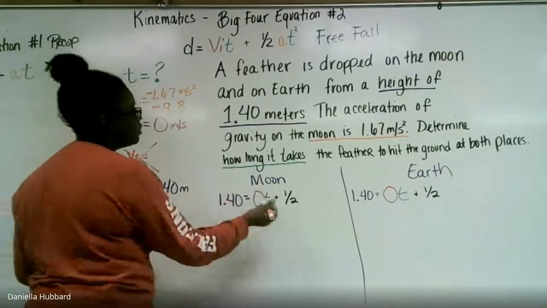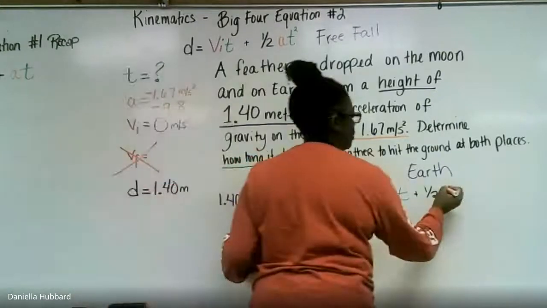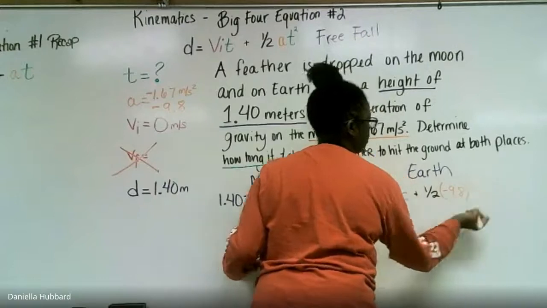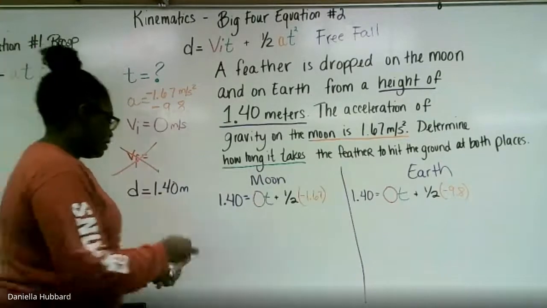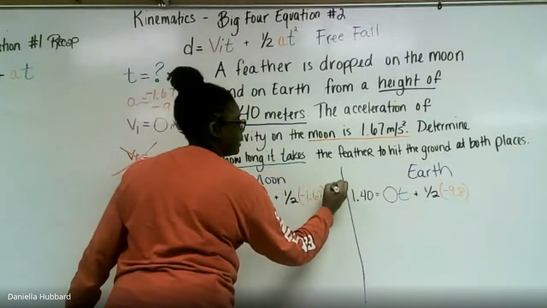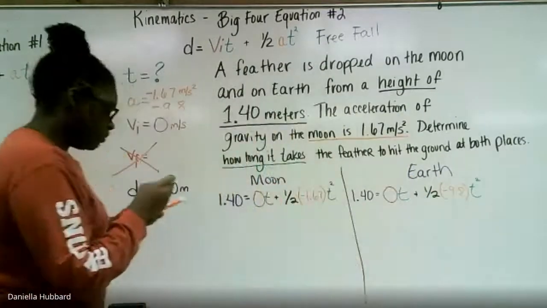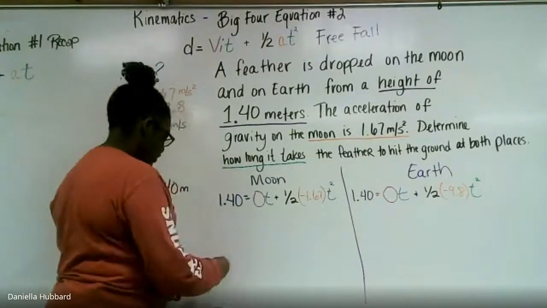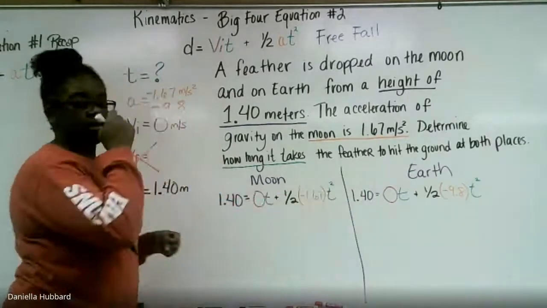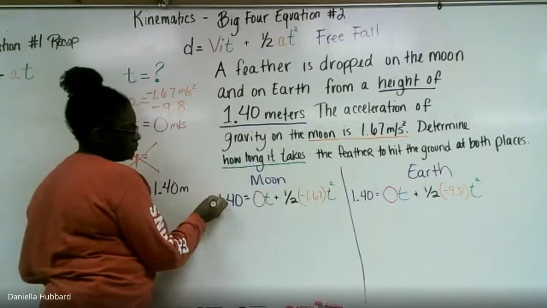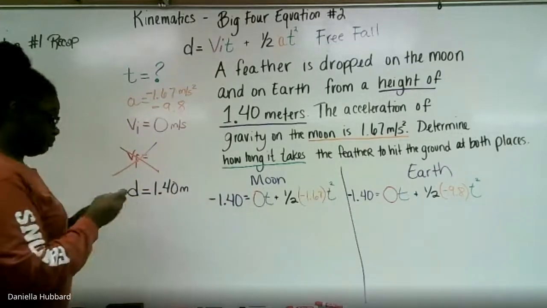Our acceleration on the moon is negative 1.67, and on Earth is negative 9.8. And there we have our T squared at the end, because remember, we're still looking for time. Also, one more thing I did forget: because we are dropping the object, we had the negative acceleration. We also have the negative distance or negative height because it's falling down.